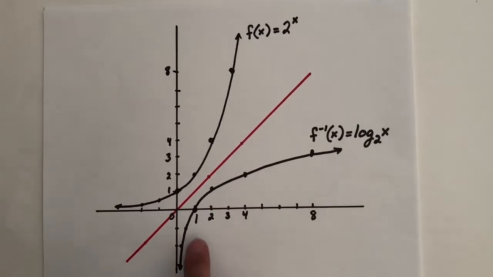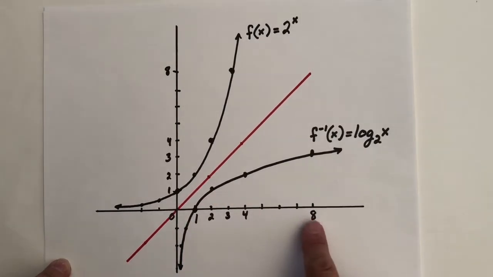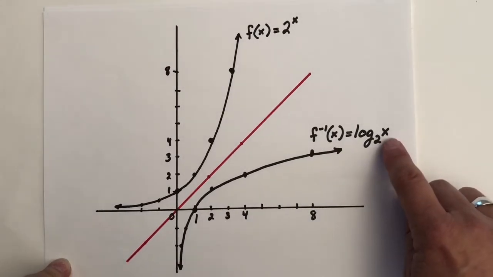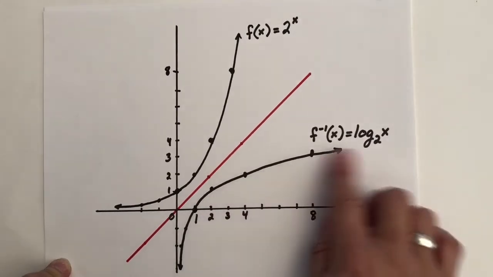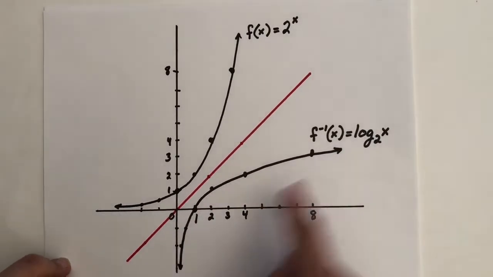And notice some of the points that we have. We have (1, 0), (2, 1), (4, 2), (8, 3), right? If you put in the values of 2 and 4 and 8, you get integer values back out. So that's one reason those are nice points to plot.